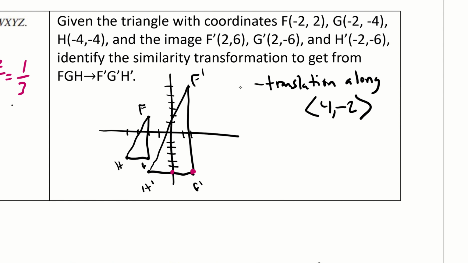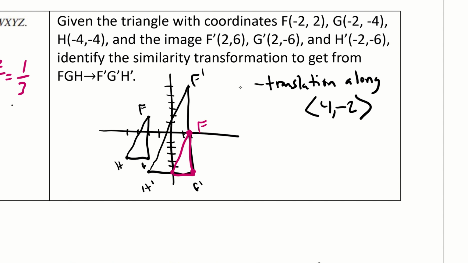Because G is over here, I actually need to move it down 2, my bad. So 4 to the right, down 2. If I do that, 1, 2, 3, 4, 1, 2, this is where F is going to end up. So this red triangle is where they overlap so far.